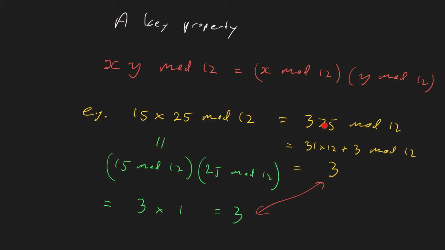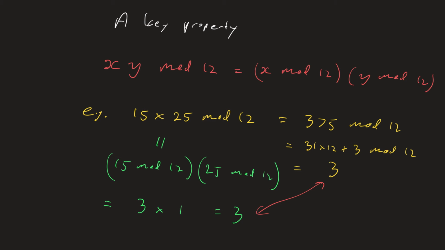Then we write 375 as 31 times 12 plus 3, which shows that the answer is 3 modulo 12. The fast way though is to use this rule here. We first compute 15 modulo 12, then we compute 25 modulo 12, then we multiply the answers. 15 modulo 12 is 3, 25 modulo 12 is 1, 3 times 1 is 3.